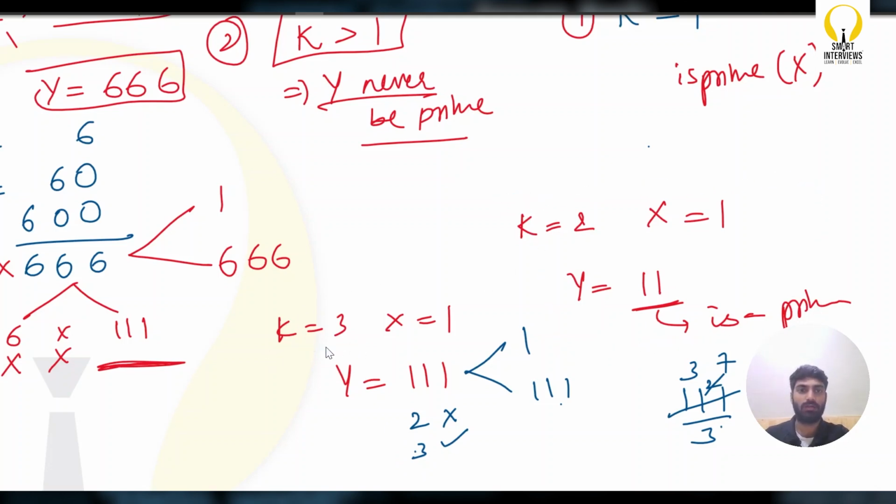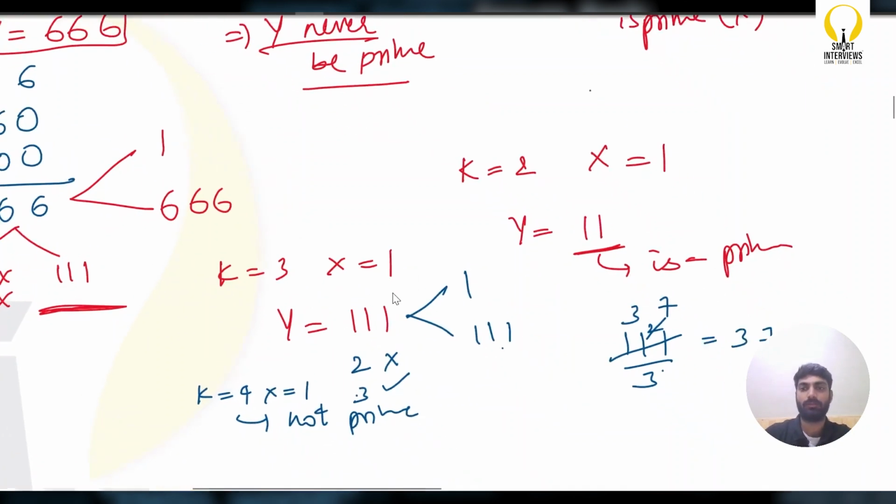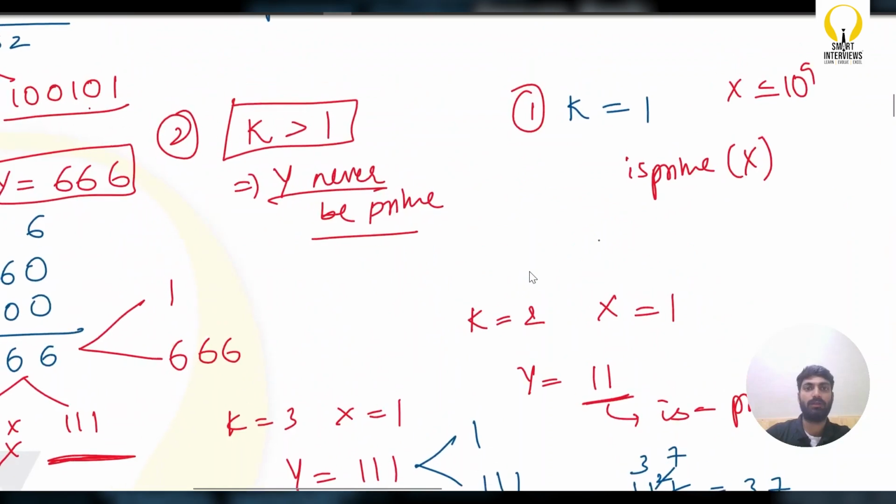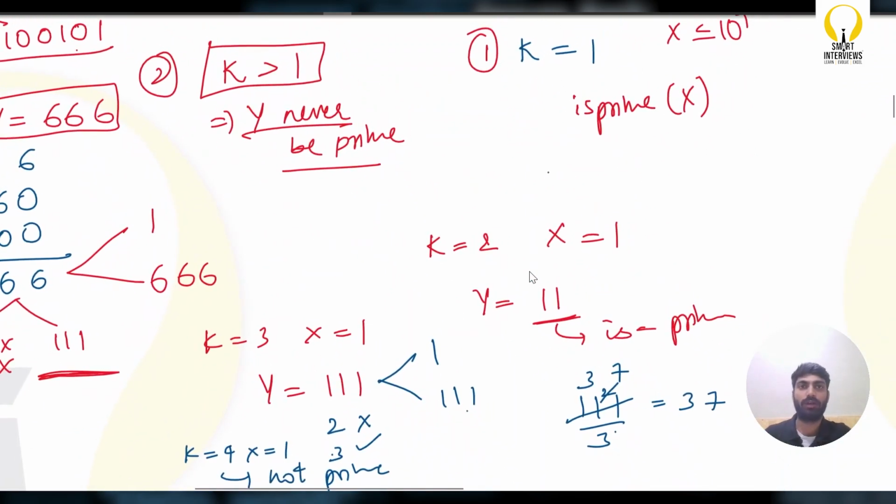Any other value which is greater than 2? Even k equals to 4, x equals to 1, even this is not prime. You can try checking that using the same way we have used for k equals 3 and x equals to 1. Right, that means we just have to handle these three cases.